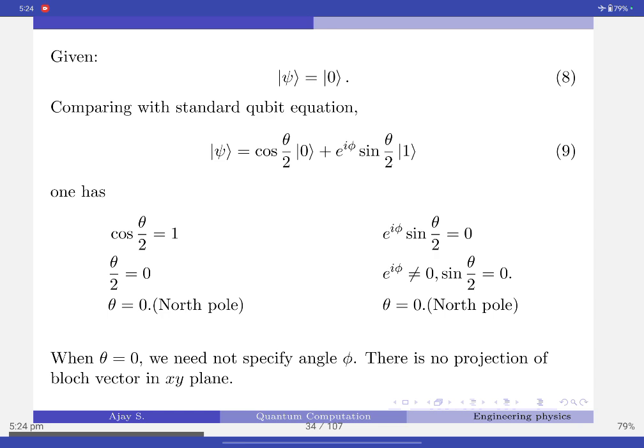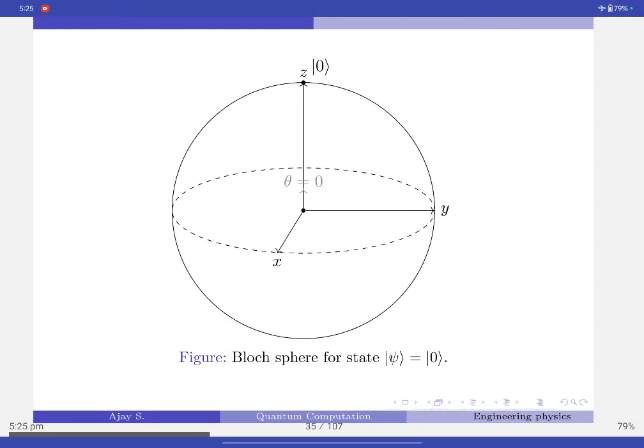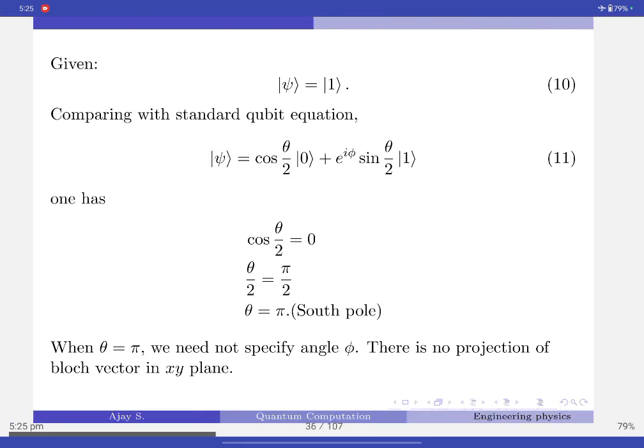You will end up with theta equal to 0 as the solution, which is the north pole. When theta is equal to 0, we need not specify angle phi because there is no projection of the vector in the xy plane. You can see the state ket 0 situated at the north pole of the Bloch sphere.